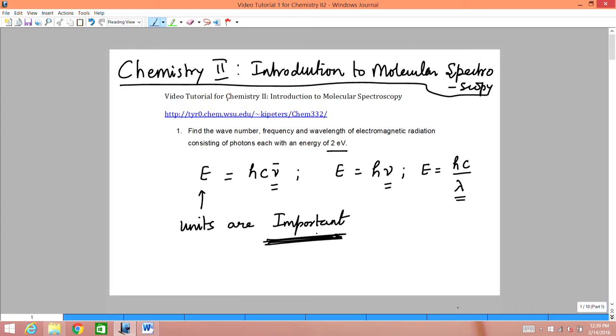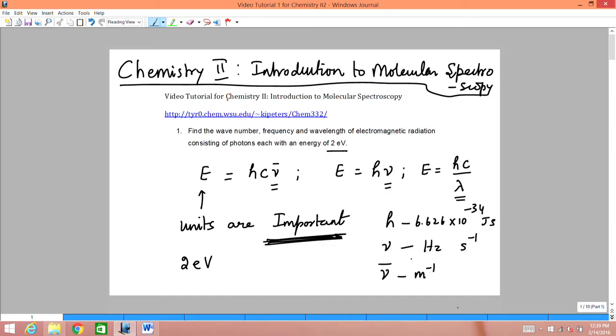The unit given to you is 2 electron volt for the energy, and remember Planck's constant h is in the unit of joule second, 6.626 times 10 raised to minus 34 joule second. These are all SI units, and the frequency nu is in hertz or per second, and the wave number is in the unit of meter inverse.